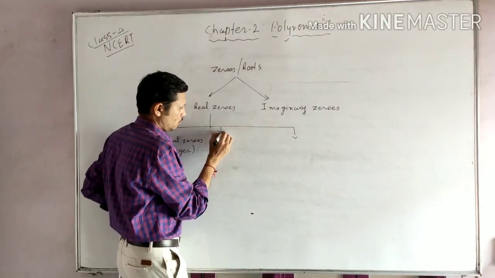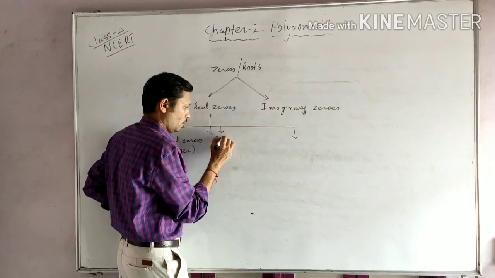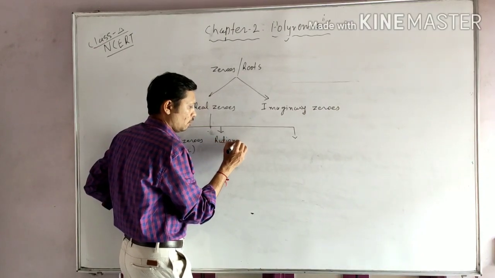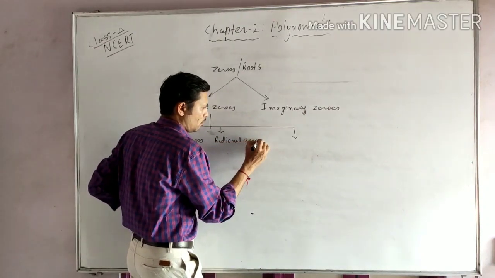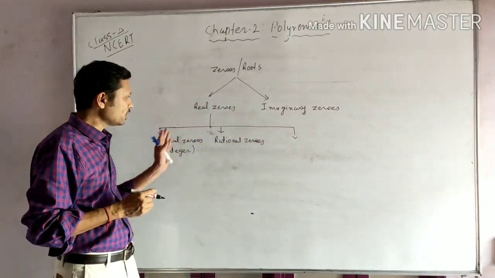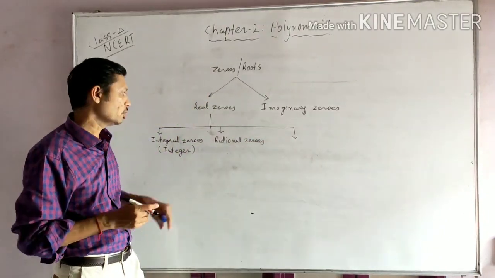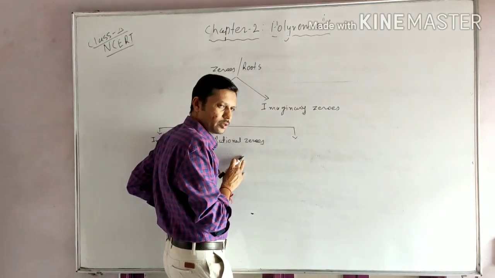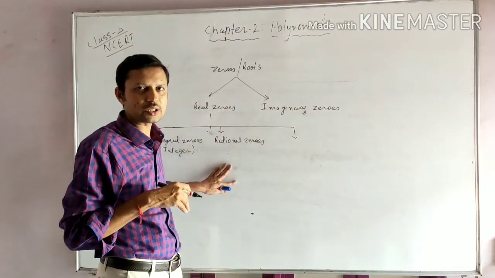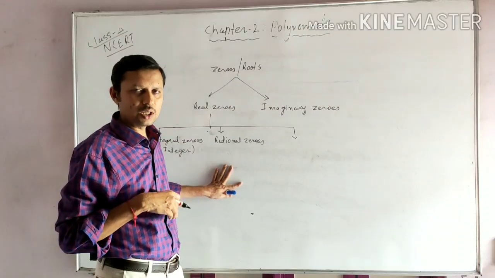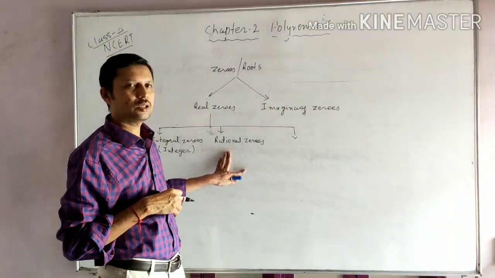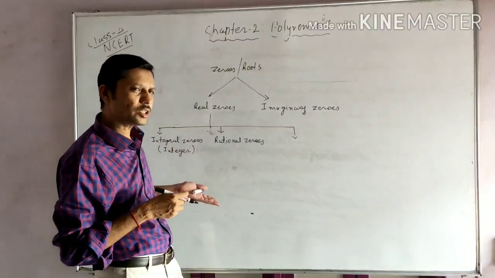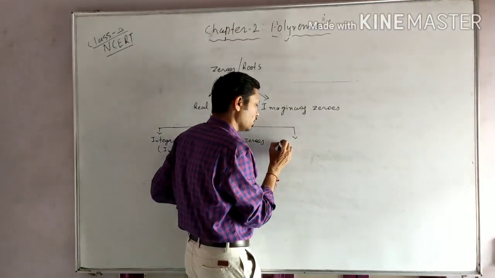Then basically integer is also rational, right? But rational zeros, that means that the fractional values also comes, right? जैसे आगे हमने क्वेश्चन डिस्कस किया था जिसमें -1/2 is the zero of the polynomial. Okay, same way integers भी हो सकते हैं, right? And irrational.